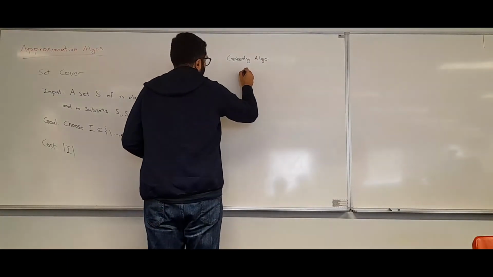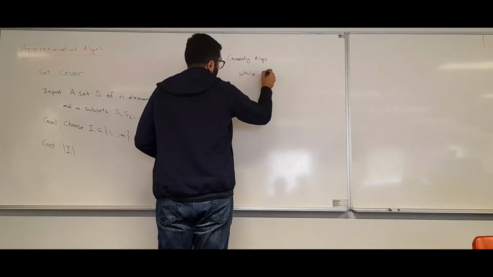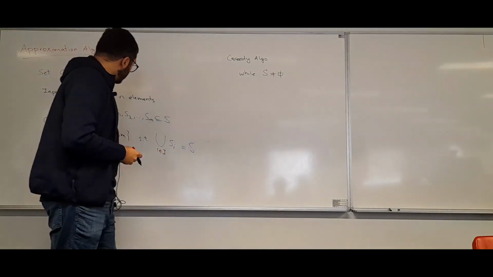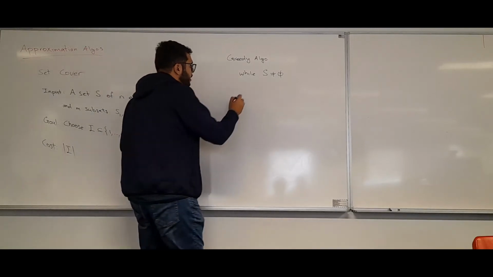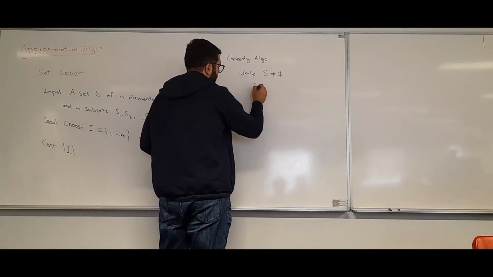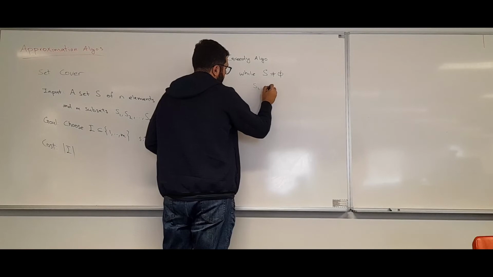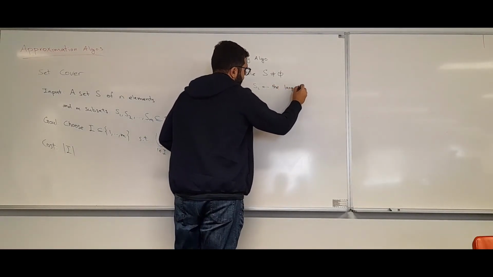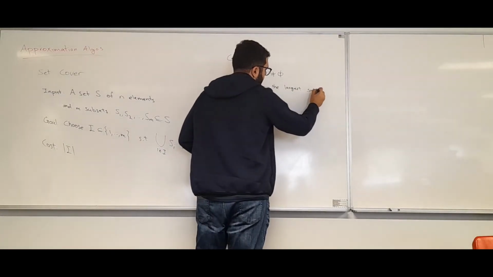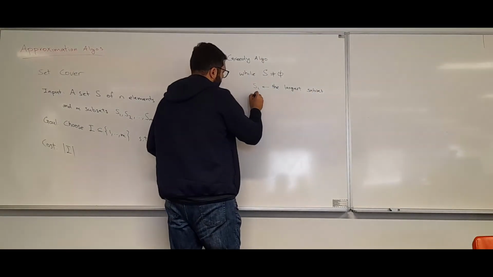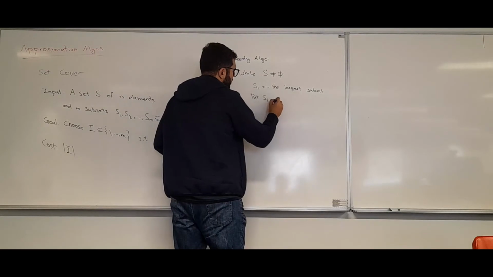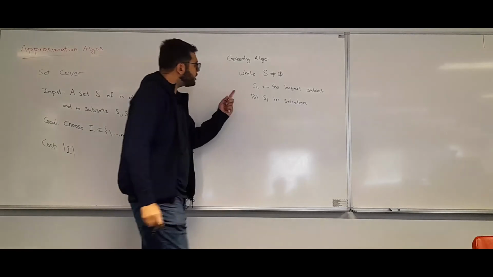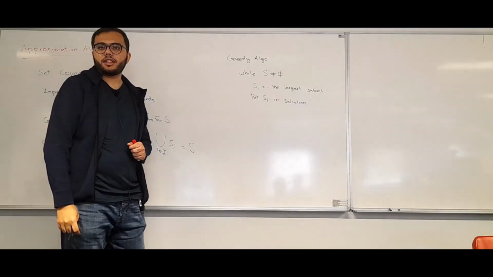I say as long as my set S is not empty, just take the largest Si. So let's say Si, let it be the largest subset. Put Si in the solution. And then just remove all the elements that are covered by this Si.